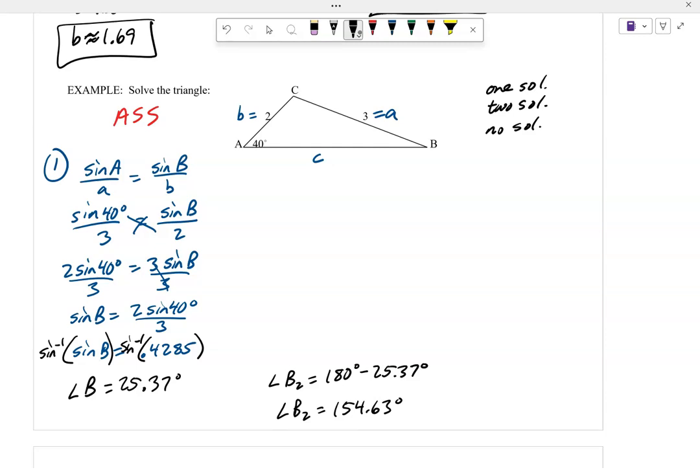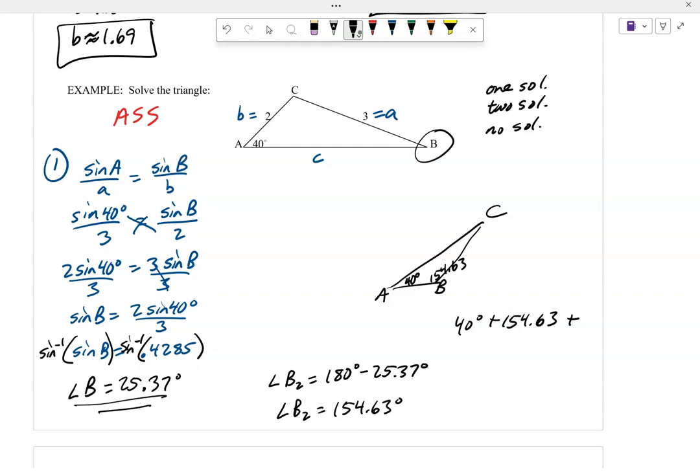So the question is, could I have an angle B that instead of being an acute angle is an obtuse angle? Let's see if I could draw that. Could I have an angle B right there like that instead, right? Well, this is not possible because angle A is 40. We're claiming angle B is 154.63. But if I add those two up, and then angle C, remember this has got to be 180.